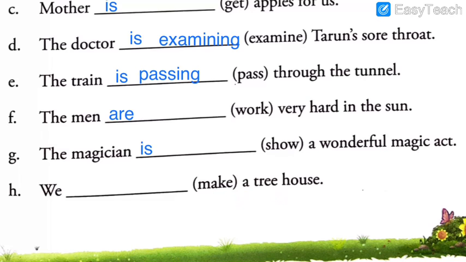So we dash a tree house. So we is no, we am obviously not. The correct helping verb is are. We are, make will become making, making a tree house. Again, spelling of making is M-A-K-I-N-G. The E we have to remove and we have to write I-N-G. We are making a tree house, as simple as that.